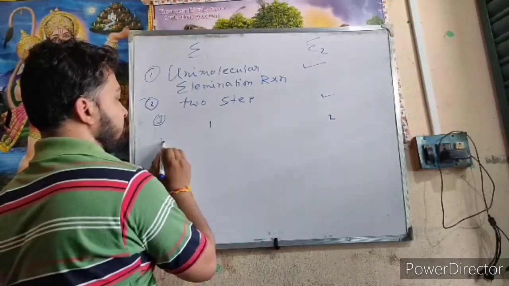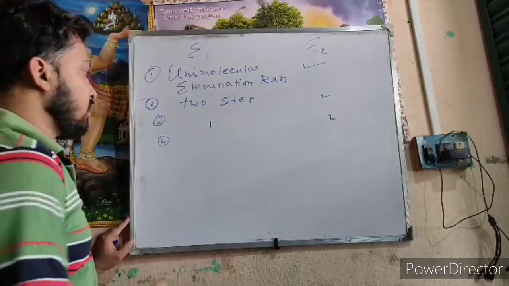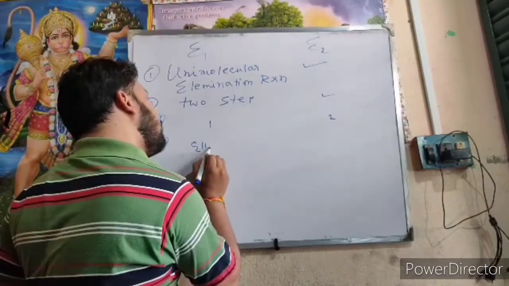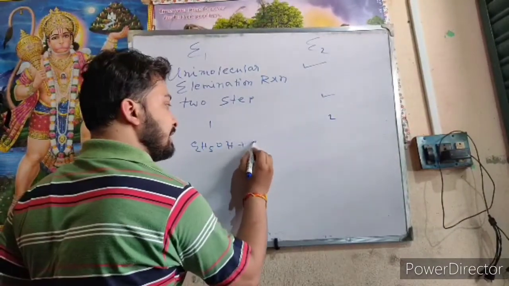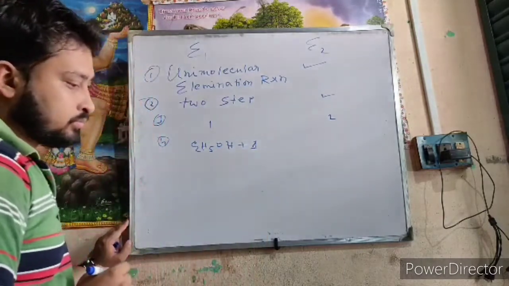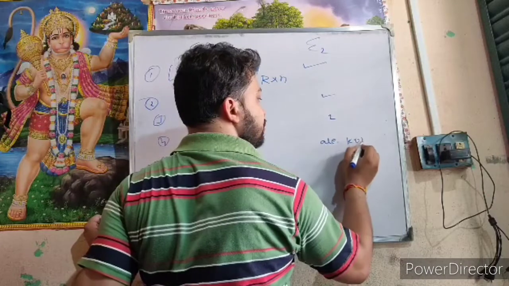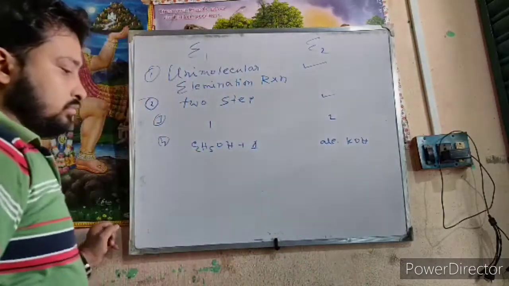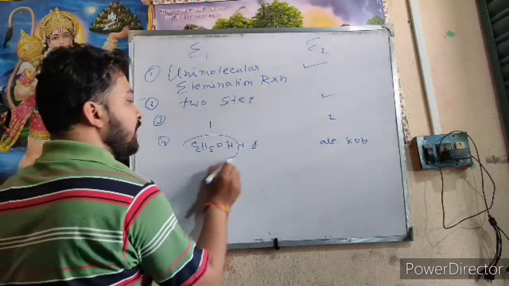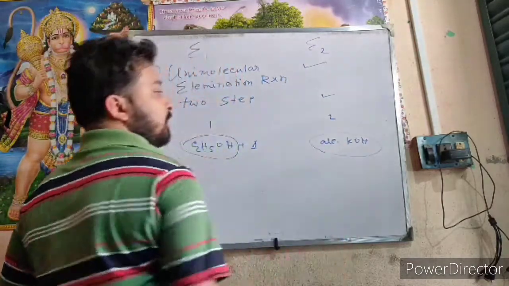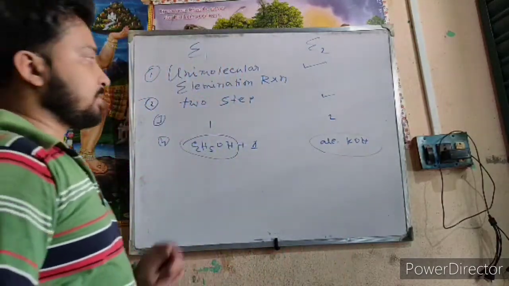This is the third point. The fourth point: for E1 you can use C2H5OH plus heat as reagent, a weak base, but for the E2 reaction you should use a strong base like alcoholic KOH.